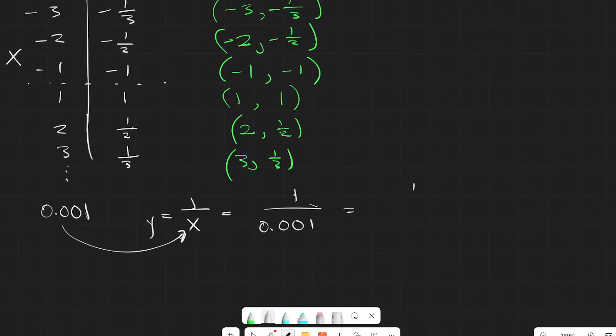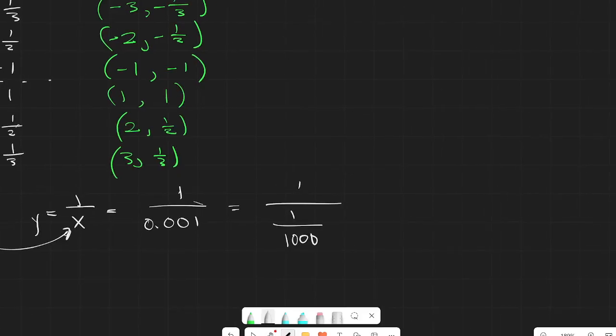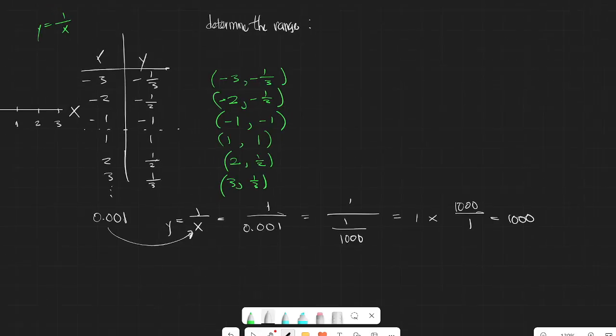So this equals 1 divided by 1 over 1,000. Division is the same thing as multiplication by the reciprocal. That equals 1,000, right? And similarly, if this was negative, that would just make negative 1,000.